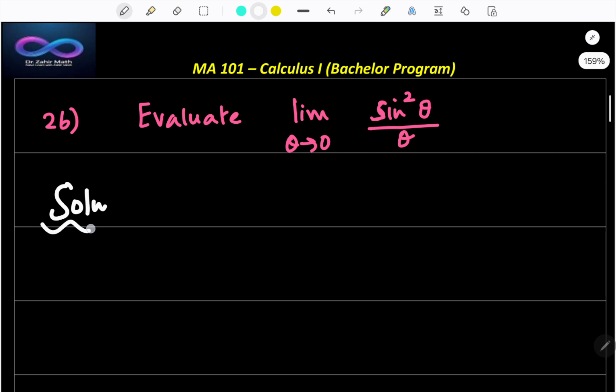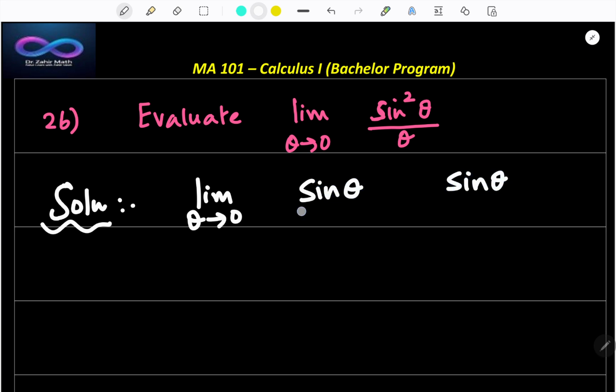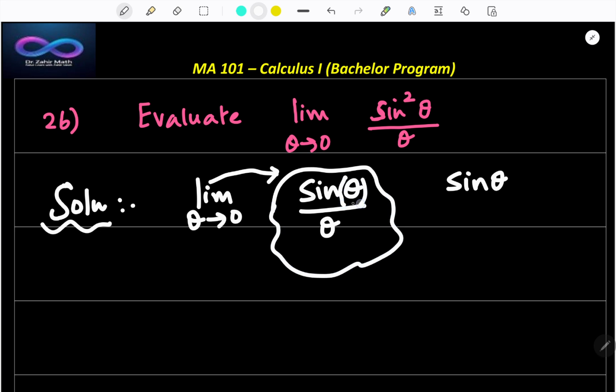The next question is, evaluate limit theta tends to 0, sine square theta divided by theta. So let's go to the solution. Limit theta tends to 0, sine square theta I'm writing as sine theta divided by theta times sine theta, right? So limit theta tends to 0, sine theta divided by theta, because the angle is theta and here is also theta, the value is equal to 1.